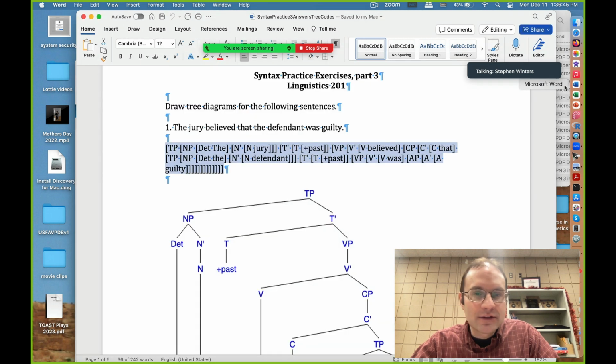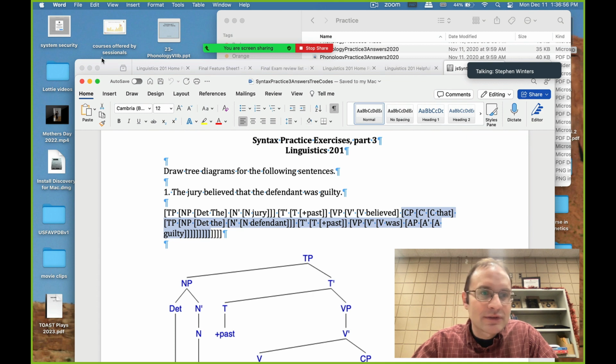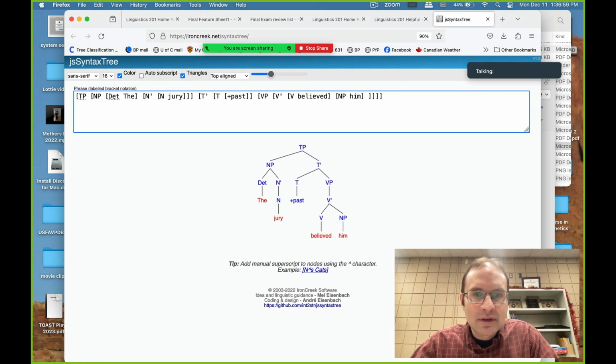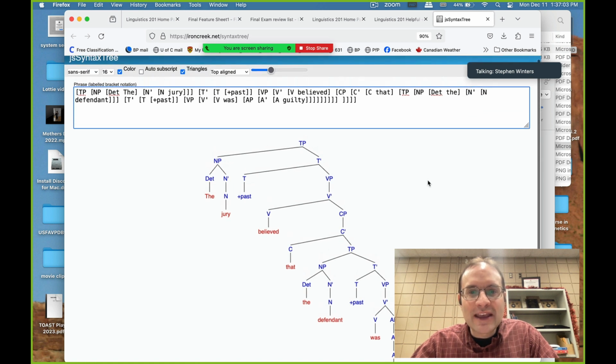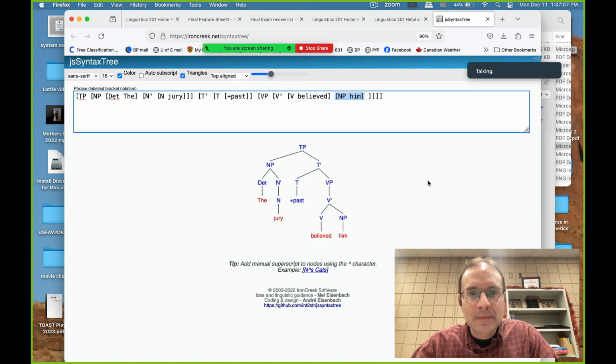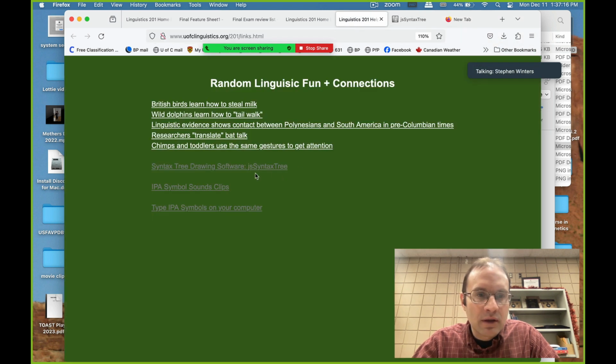So I'm going to try to replace that whole thing with that complementizer phrase. And we'll see if the world blows up. It does not. So in this case, we replace that NP.